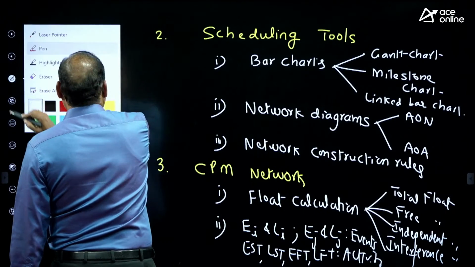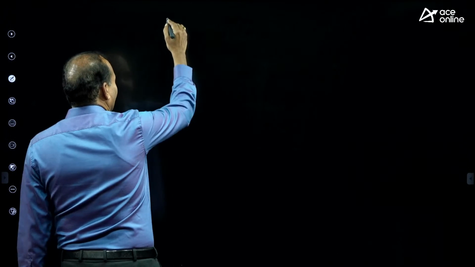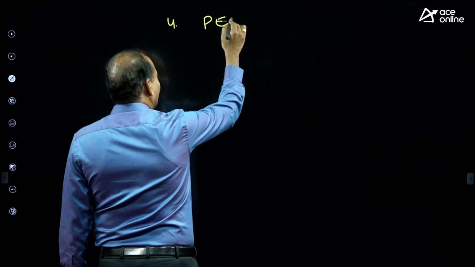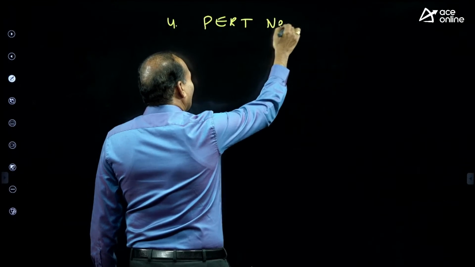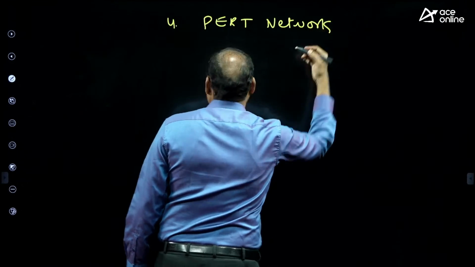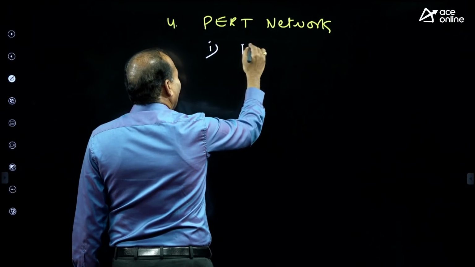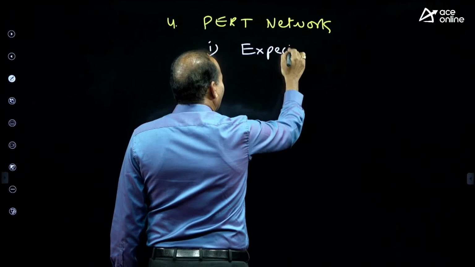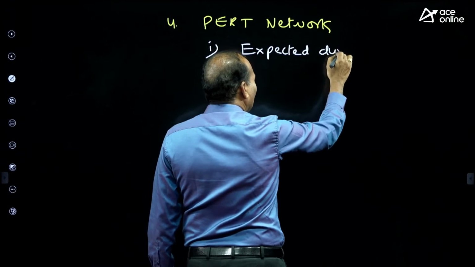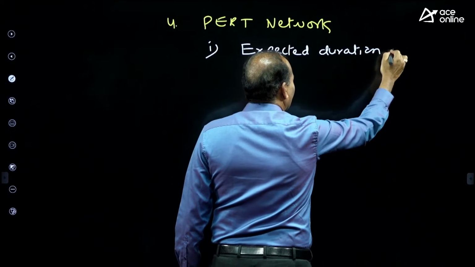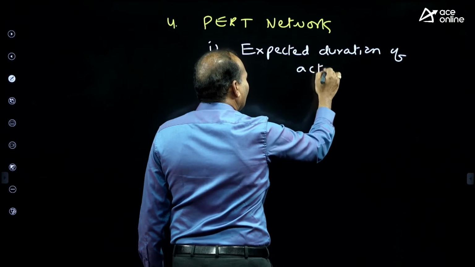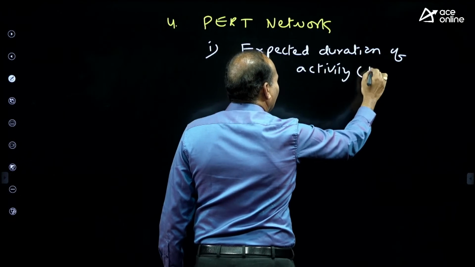Next, the fourth heading could be PERT network. Under PERT network, two formulas we had. One is expected duration of activity, it is very important. Expected duration of activity, that is TE.